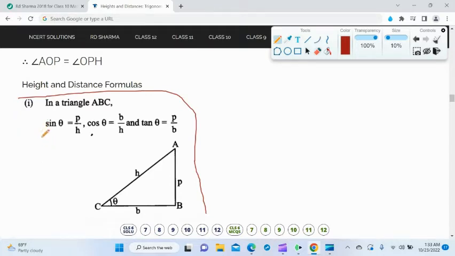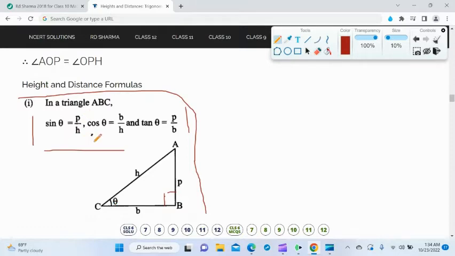From trigonometry, we know this formula; if we don't, then we just have to remember it. If we take this triangle and consider this as the perpendicular, this is the h, this is the b, and this is the p, and suppose this is the angle theta, then what is sine theta?